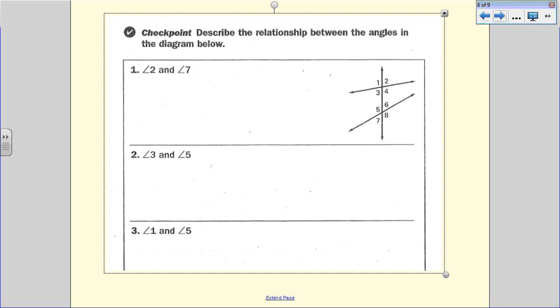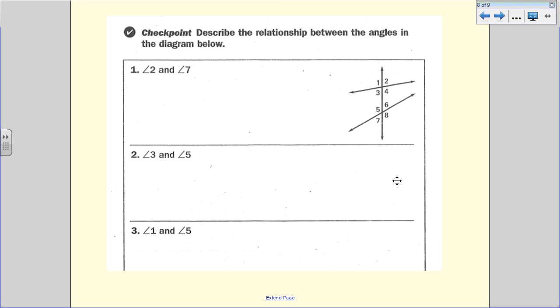Describe the relationship between the angles in the diagram. I'm going to do these first 3, and then you guys are going to do the last 3 on your own. So angle 2 and angle 7. I'm going to mark angle 2, angle 7. What I notice first is that they are outside of the lines. So I'm outside. And one is on the left, one's on the right, so they're on opposites.